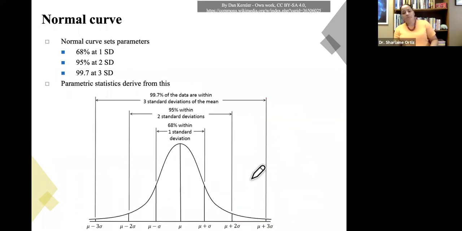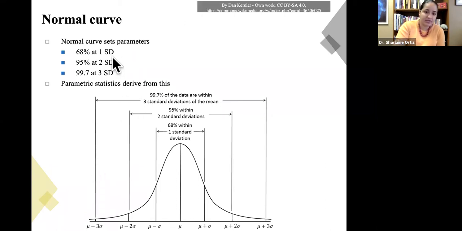Now, this is important because when we are talking about a normal distribution, and I'm going to move this to the side as to not be in the way, something immensely important about a normal distribution is that we can ascertain how many participants fall within a specific distance of the standard deviation.